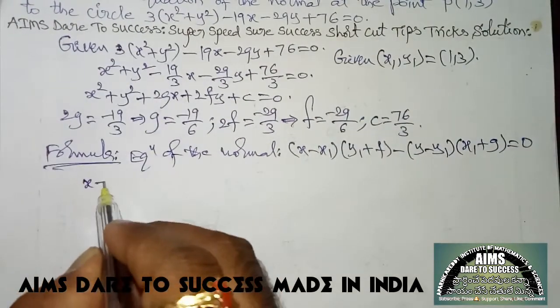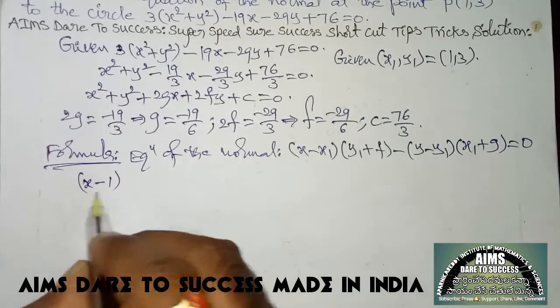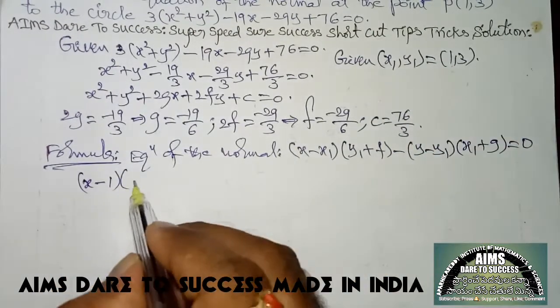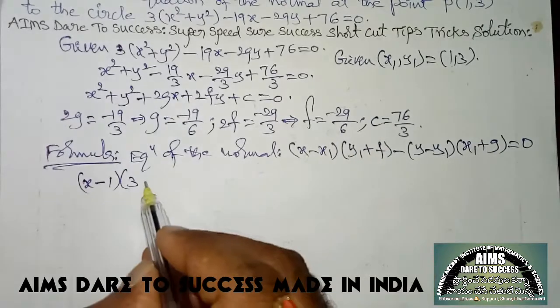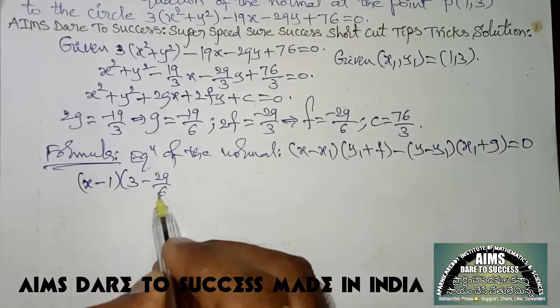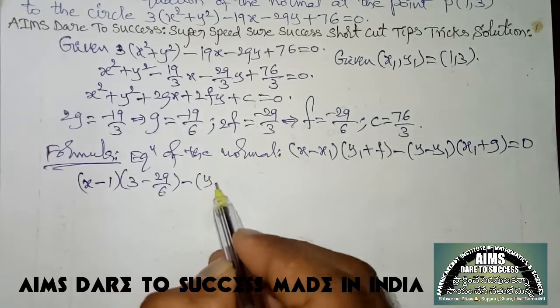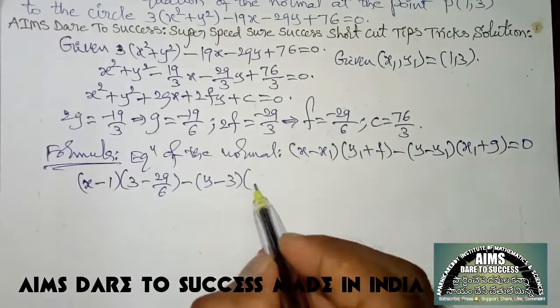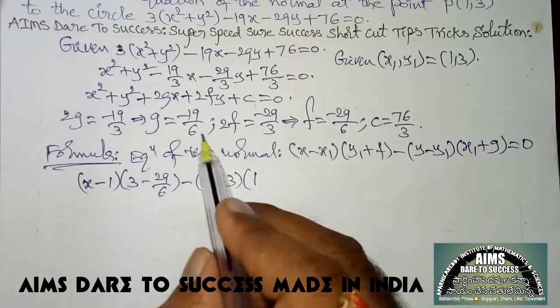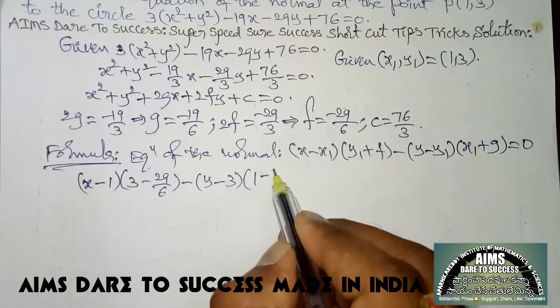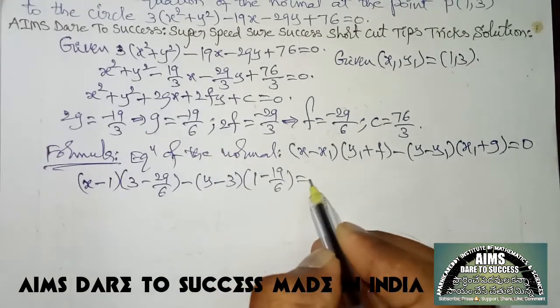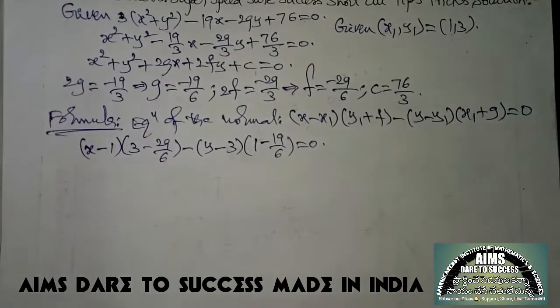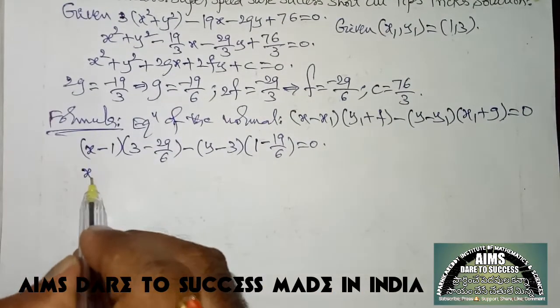X minus x1, which is 1, into y1 value is 3 plus f value is minus 29 by 6, minus y minus y1, where y1 value is 3, into x1 value is 1 plus g value is minus 19 by 6 is equal to 0. Here I wanted to do simplification, my dear students.